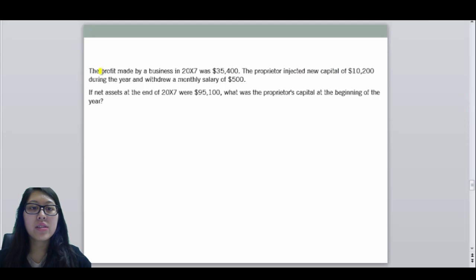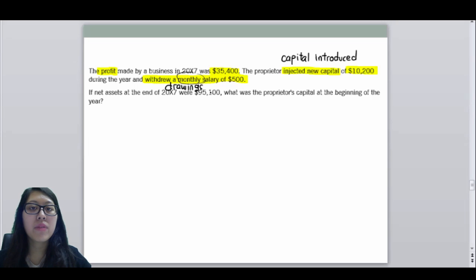So note that it says the profit was $35,400 and new capital, which means introduced capital or capital introduced, was $10,200 during that year, and withdrew a monthly salary of $500. Now, when it says withdrew, it signals drawings, and it says monthly.